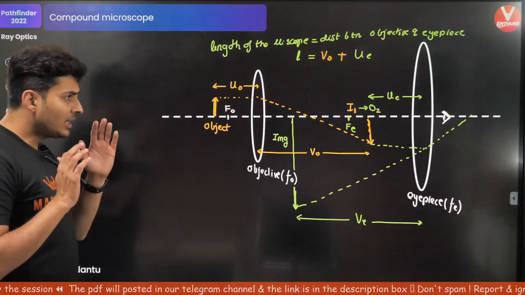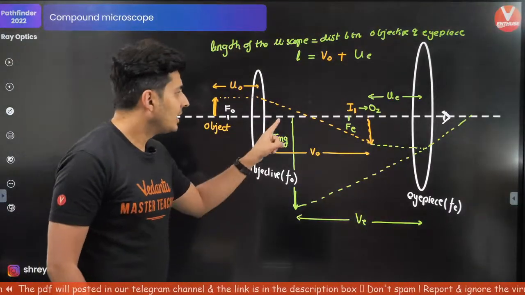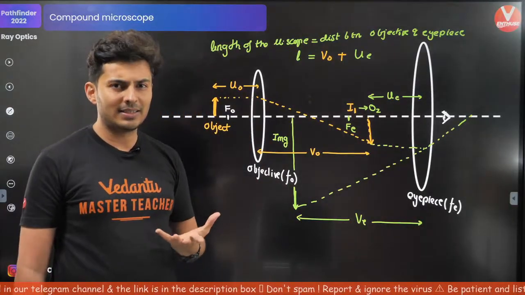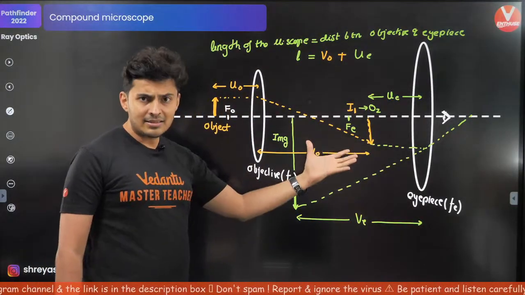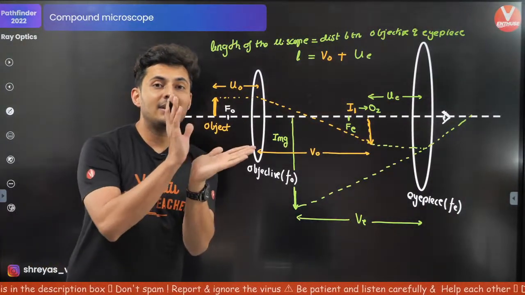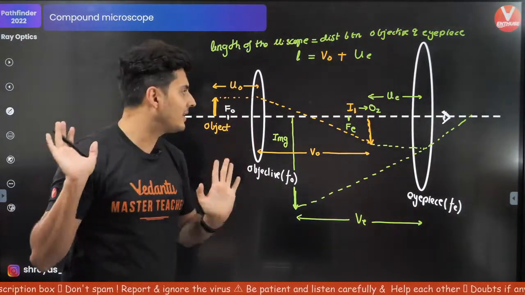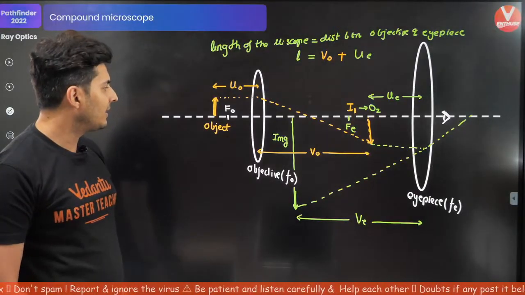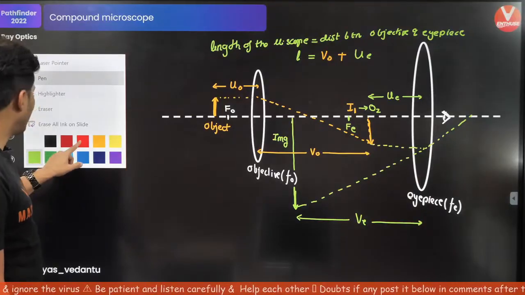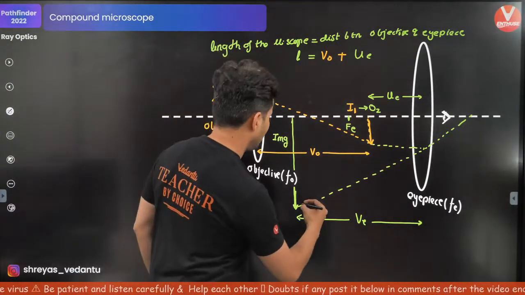Now, the next thing you should understand is we would be interested in the magnifying power of this kind of device. So when I'm talking about the magnifying power, what do I need? The angle subtended by the final image at the eye. So for finding that, I think I can do one small logical thing.